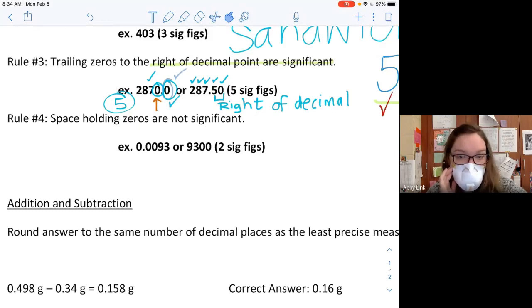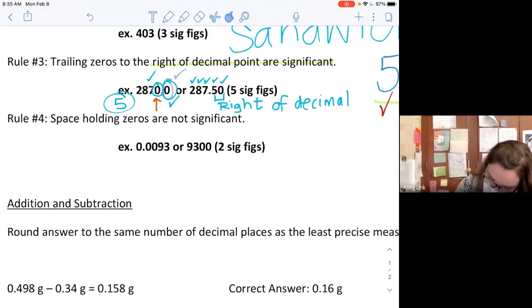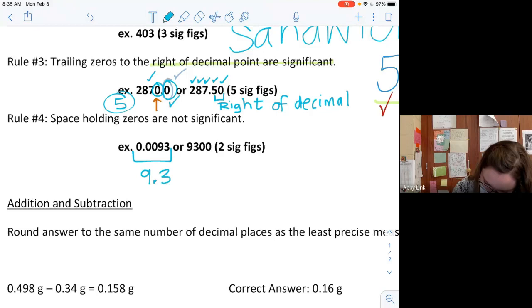All right, now, I know that some of you probably are working with scientific notation often in math. Some of you might not have worked with it. We're going to do a refresher on scientific notation tomorrow because we're going to start working with it often. But if you take a look at this number here, I could rewrite this number as 9.3 times 10 to the negative third.